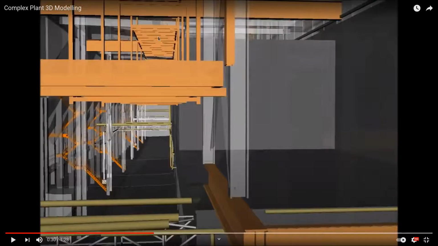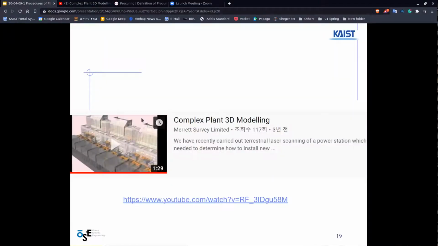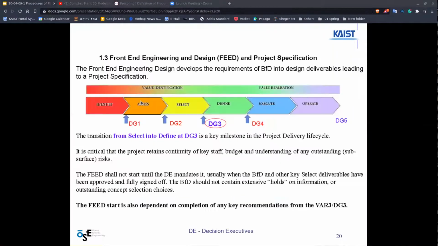So this is stage 3 of the FEED system. After FEED, there must be a contract signing stage. The front end engineering design, that's FEED, develops the requirements of BFD into design.